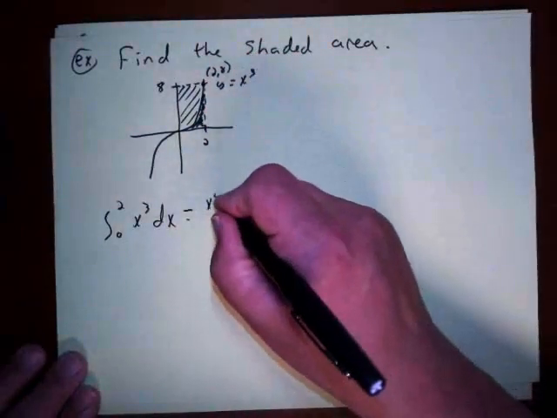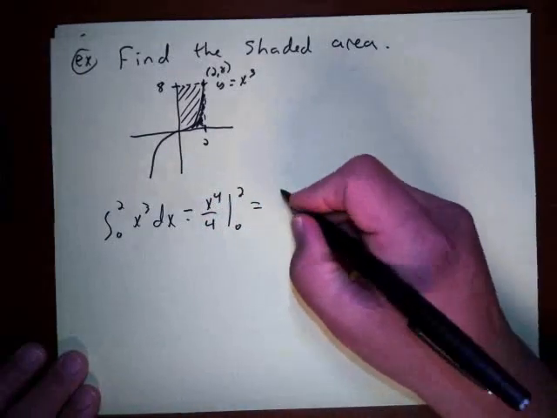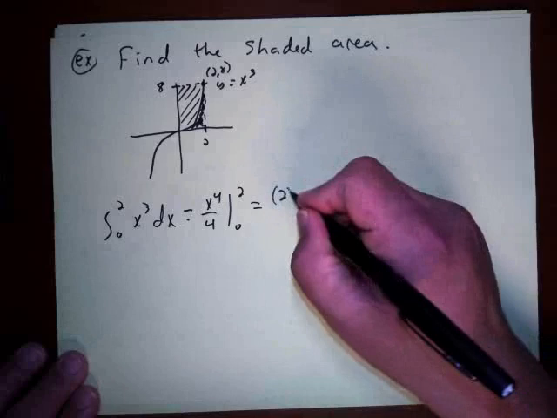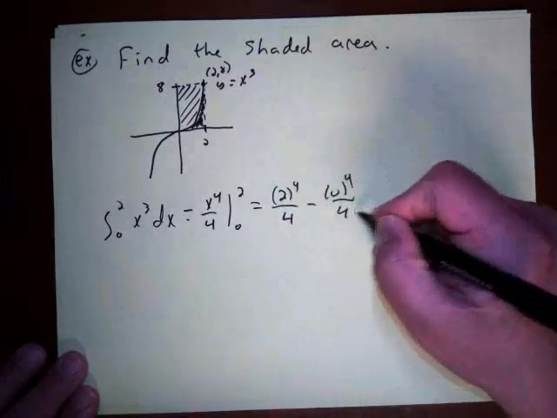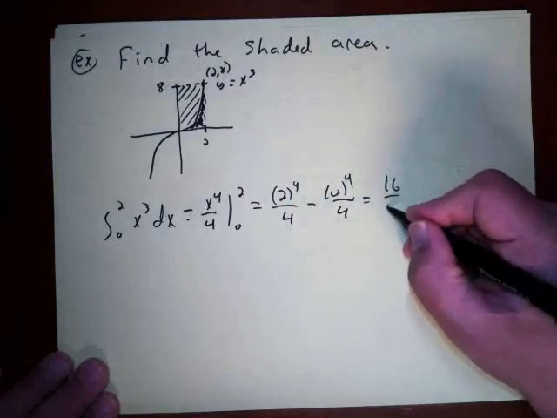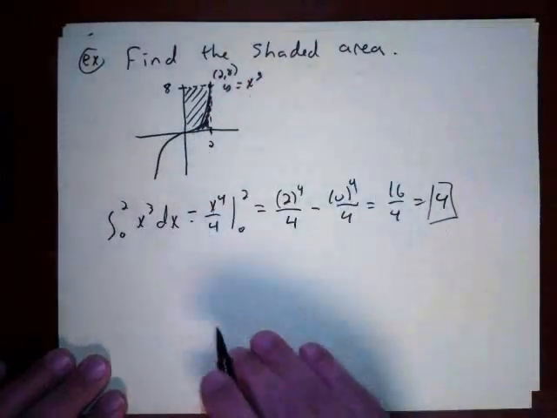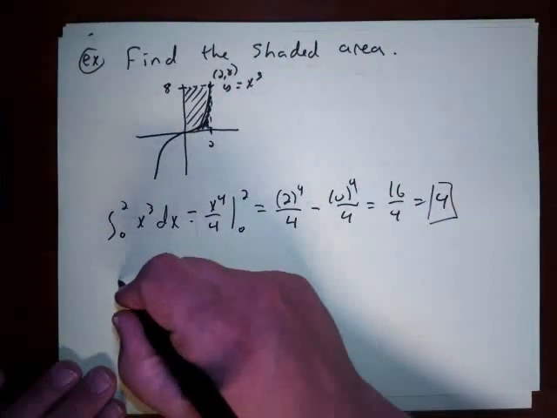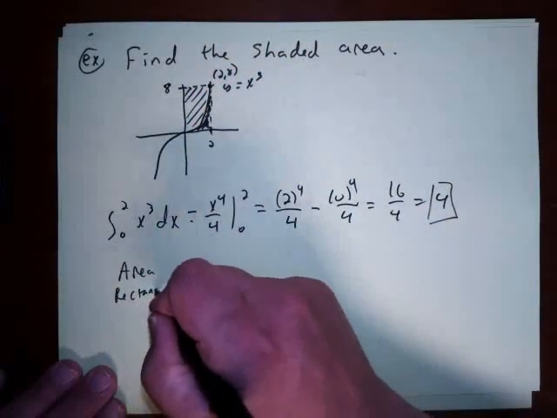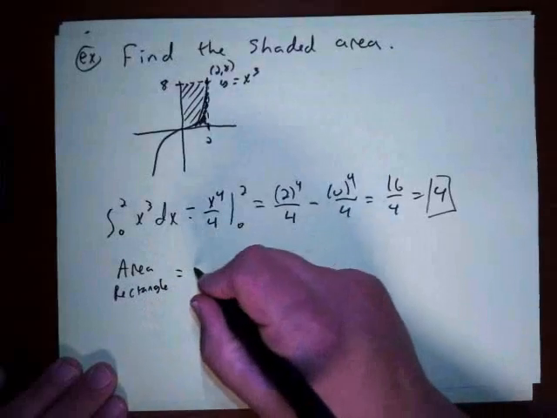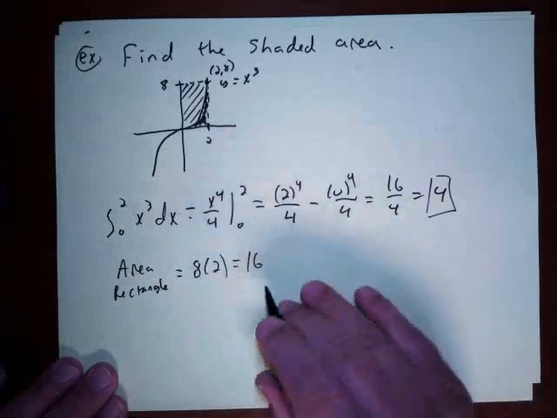Let's do that first. So this is x to the 4th over 4 from 0 to 2. So this would be 2 to the 4th over 4 minus 0 to the 4th over 4. So that would just be 16 over 4, which equals 4. So what I could do is find the area of the entire rectangle, and that gives me 8 times 2 is 16.